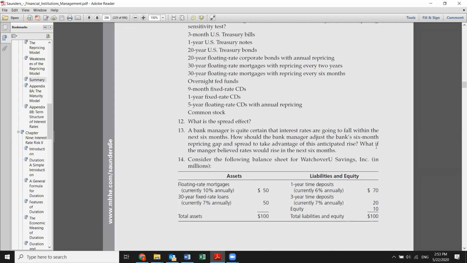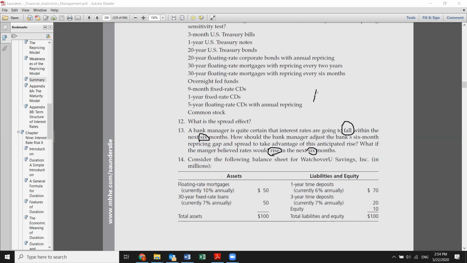And what if the manager believed that rates would rise in the next 6 months? So how would you react?